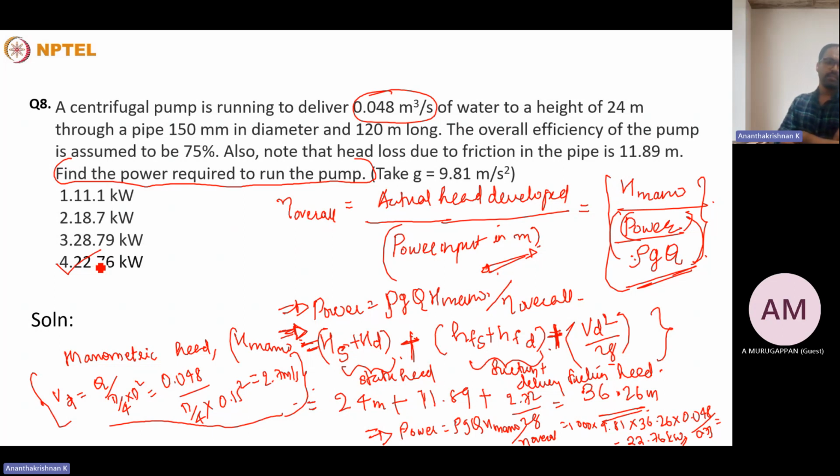And the third term is the friction head in the suction and delivery pipes. All three combined give the manometric head, which is related to the power input using the overall efficiency given in this problem. Using that, we can calculate the power required by the pump to deliver water from the suction strainer to the overhead tank, covering this much head loss. So the power required by the pump is 22.76 kilowatt.